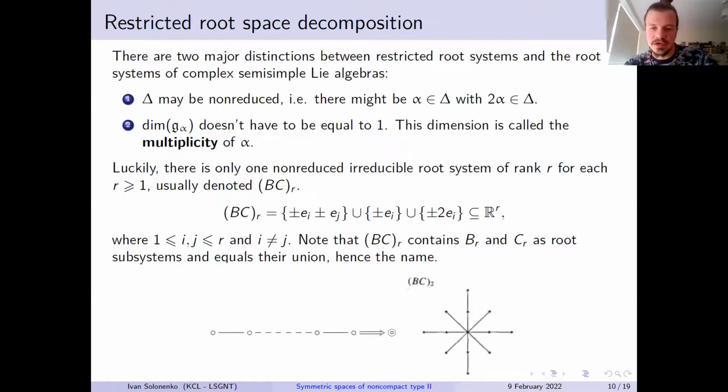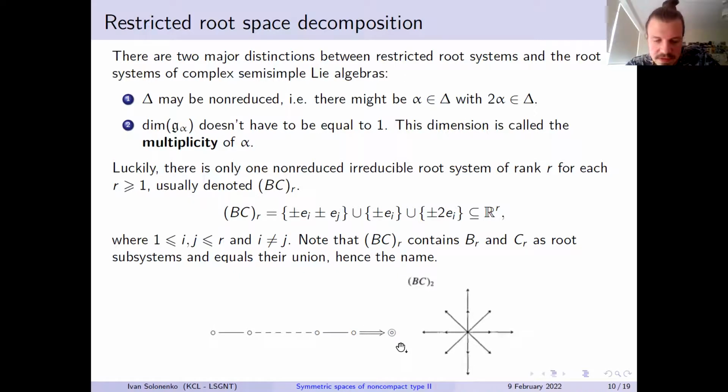And the picture, here are a couple of pictures. On the right, you have the BC_2 root system. You can see that the B_2 system is a smaller square, and the C_2 system is this bigger square turned by 45 degrees. And you can also draw the Dynkin diagram of BC_R.